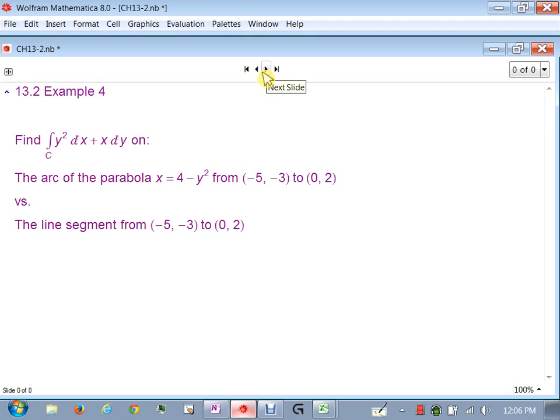This just verifies what I just said. So let's try this.